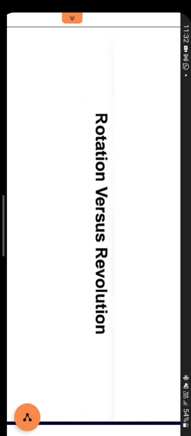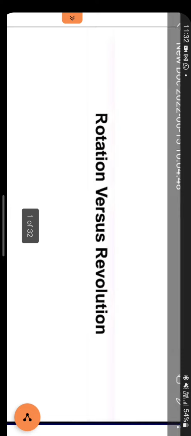So previously we have done how many types of motion there are, and what the two conditions of motion are. First I told that one is stationary and another is moving. Whenever any particle or object is not moving, we say it is in the stationary condition.